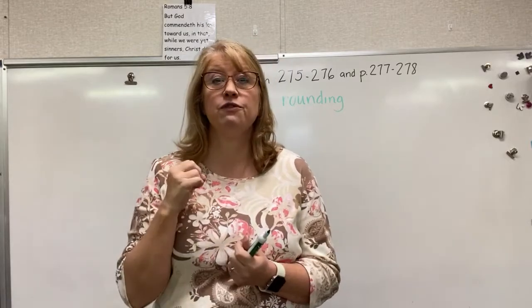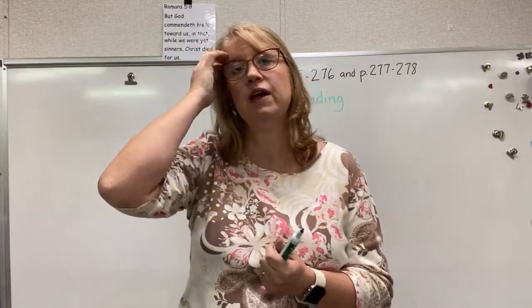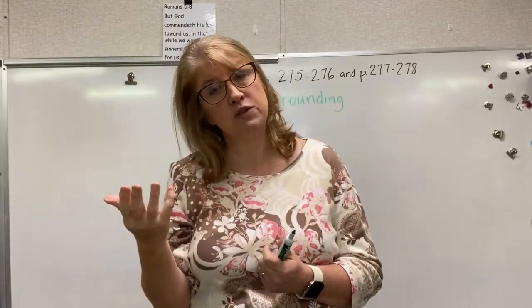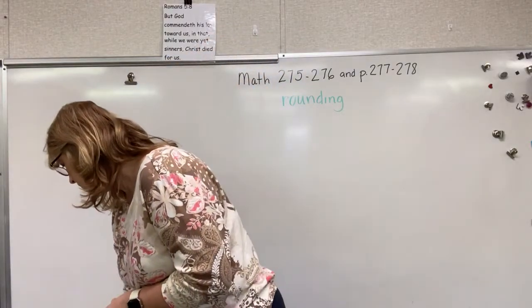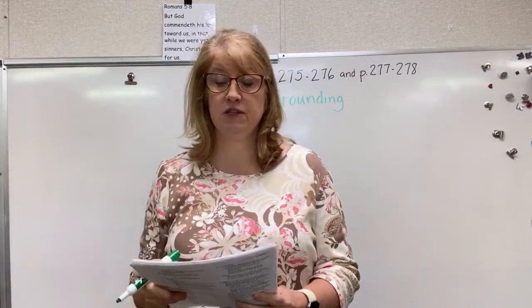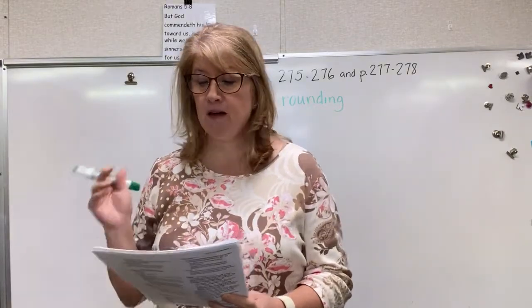If I say the number 50, it has a 0 in the ones place. If I say the number 43, it has a 3 in the ones place. So remember that when a number is rounded to the tens place, it has a 0 in the ones place.